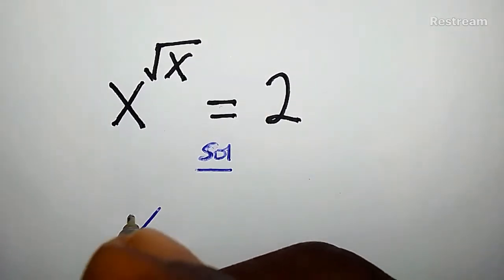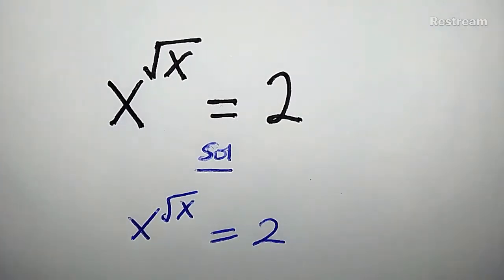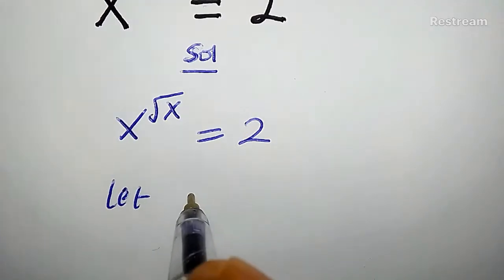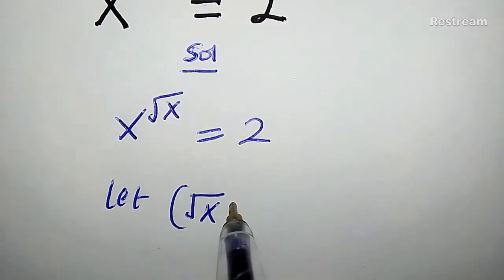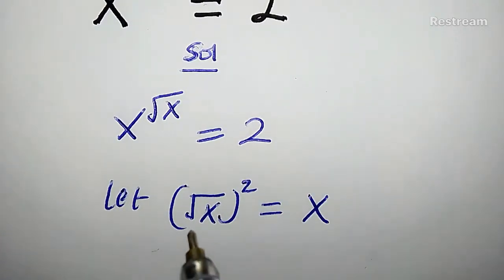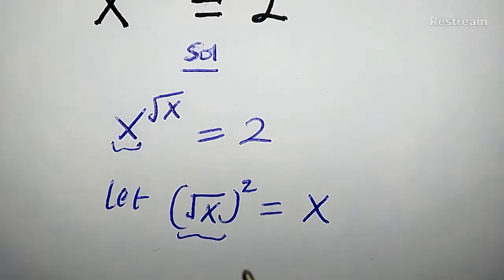We have x to the power of square root of x equal to 2. First, let's suppose square root of x squared is equal to x. That means we are going to replace this little x with this guy.